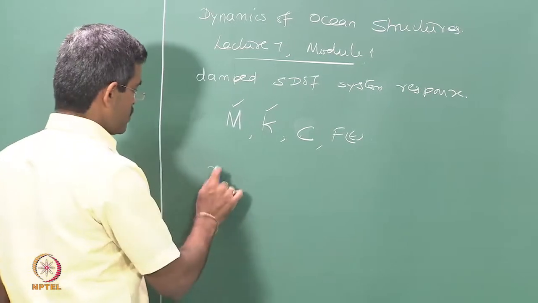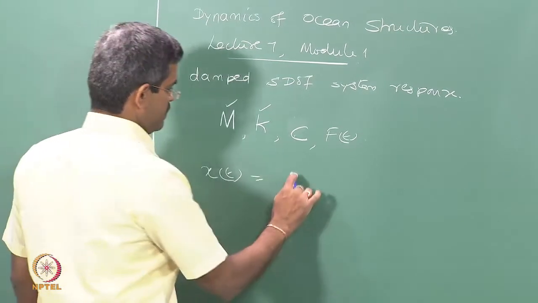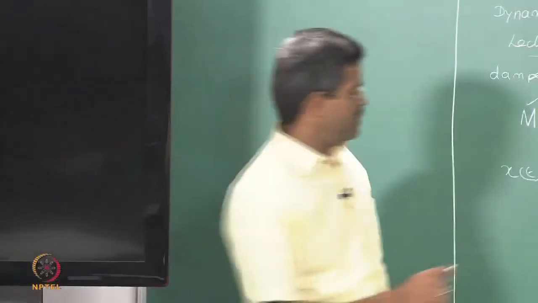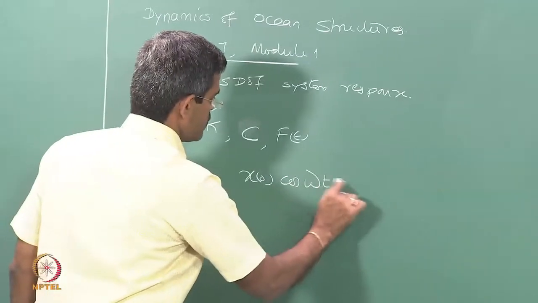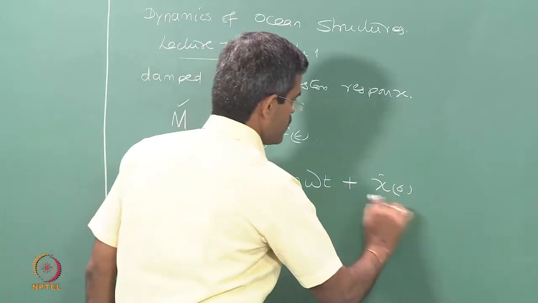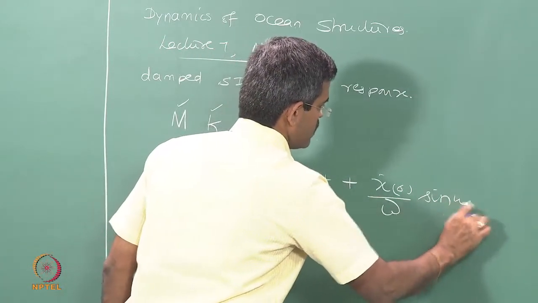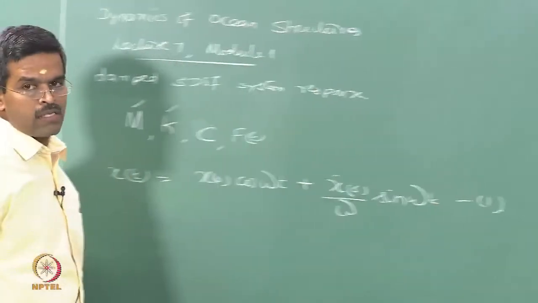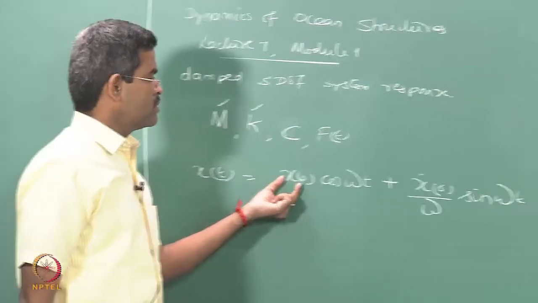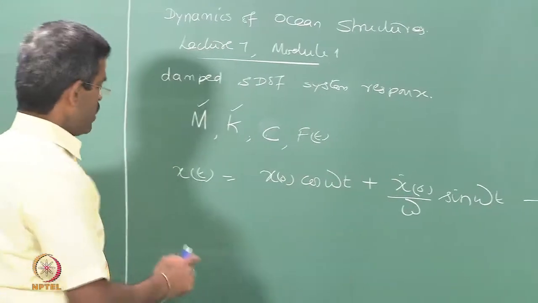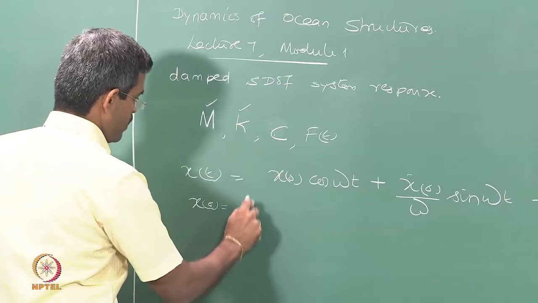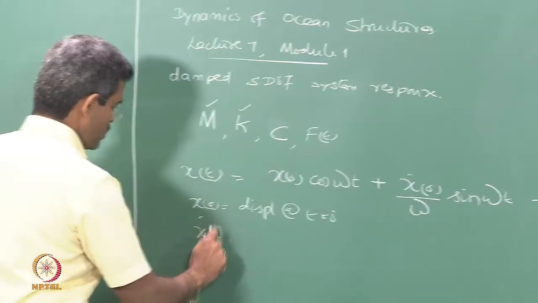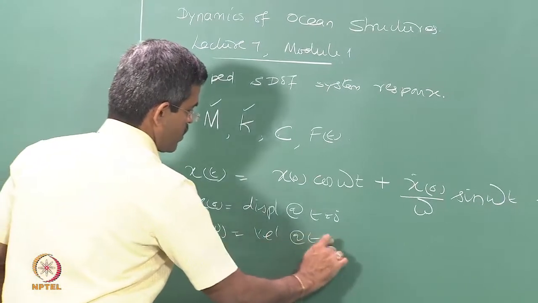In the last lecture we discussed this result, where x naught and x dot naught were the initial conditions: x 0 is the displacement at t equal to 0 and x dot is the velocity at t equal to 0.